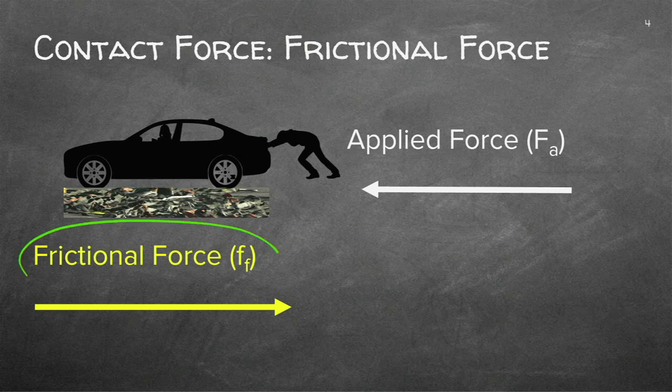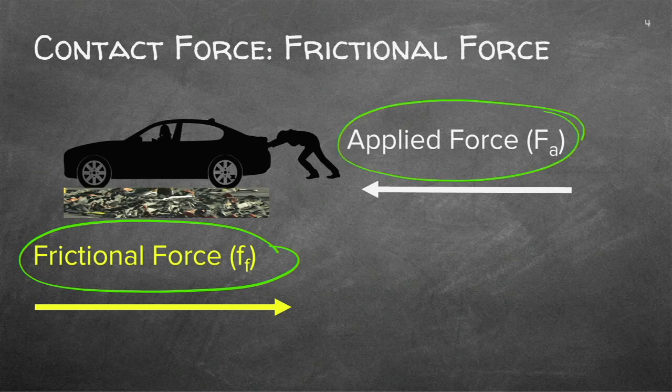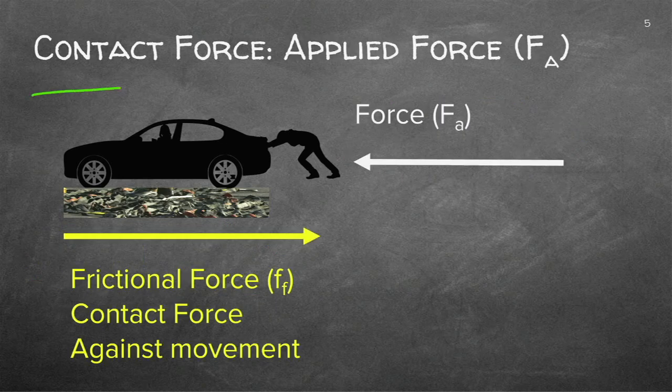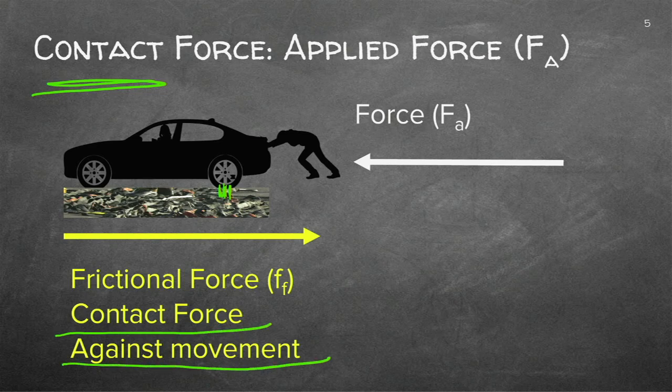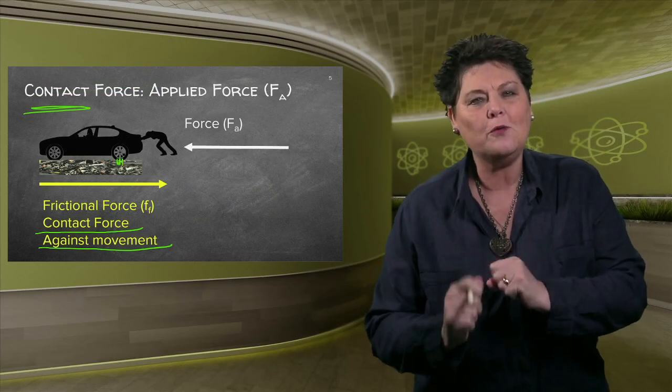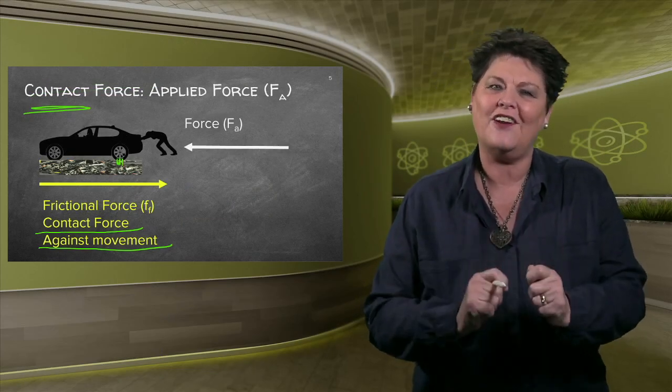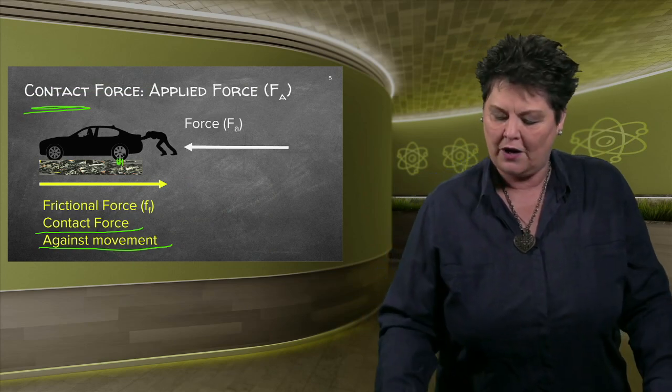So I've got the friction in the opposite direction to the movement, which is caused by the applied force. It's a contact force, I said it, that needs to be in contact. And you'll always have the frictional force against the movement. Vectors, guys, when we work with vectors, we need to know the direction. We said it over and over again.